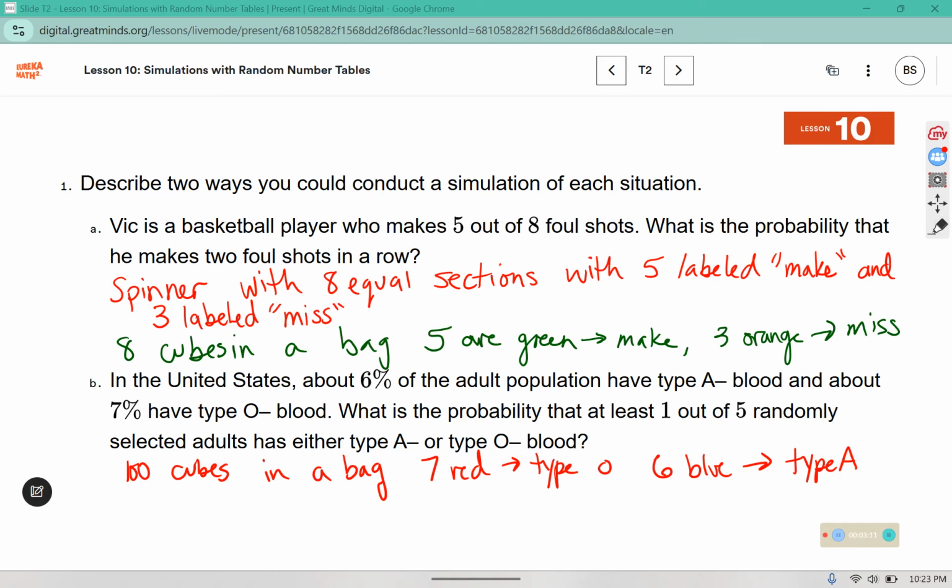You would then need to pull 5 cubes from the bag, and a success would be when 1 of them came out as a red or blue cube. Another way you could do this is with pieces of paper in a hat.